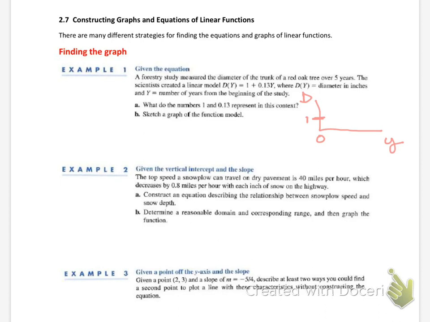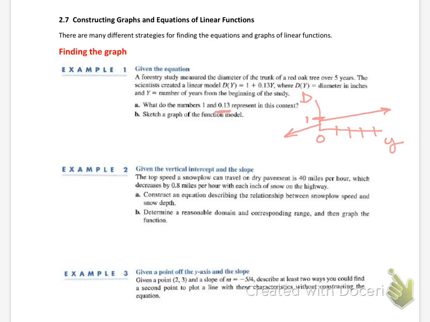Then as time goes on, it increases, but at a pretty slow rate. This is telling you that it's going to increase by 0.13 every year. So over 5 years, it's going to be a pretty flat curve. That gives you an idea of what that should look like without putting the numbers on there.